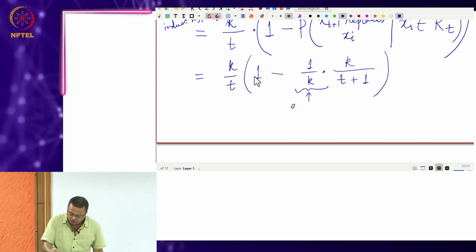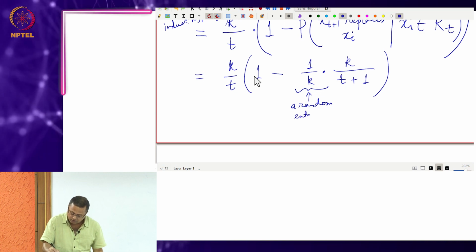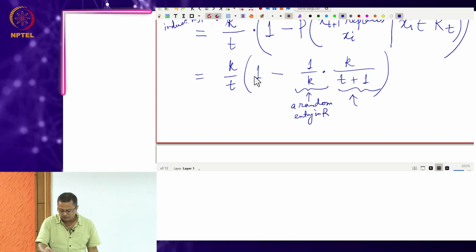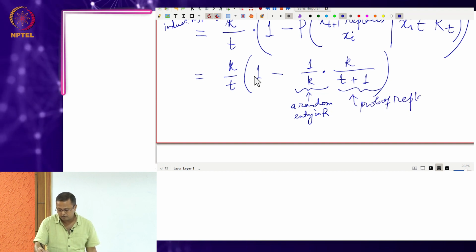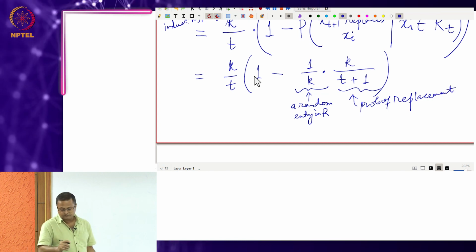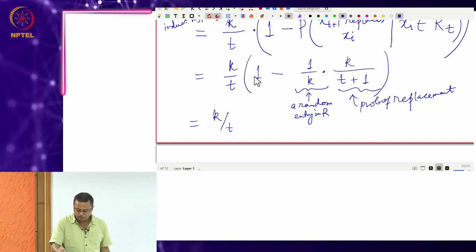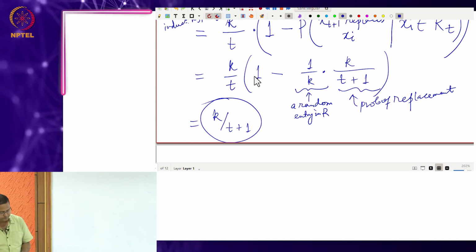This is for a random entry in R, and this is the probability of replacement. If you work this out, this should come to k by t plus 1, and that is what we set out to prove.